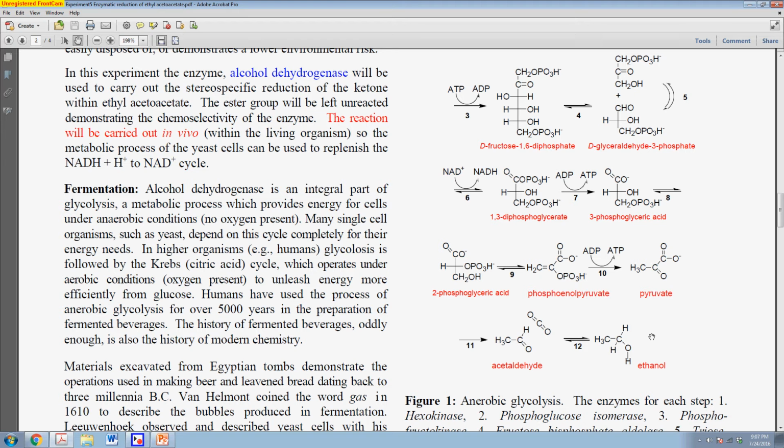But when you're under anaerobic conditions, in order to keep going through glycolysis, you have to be able to regenerate this NAD cofactor. And what you're going to find is that the key step for regenerating that NAD cofactor is you're going to convert acetaldehyde to ethanol.